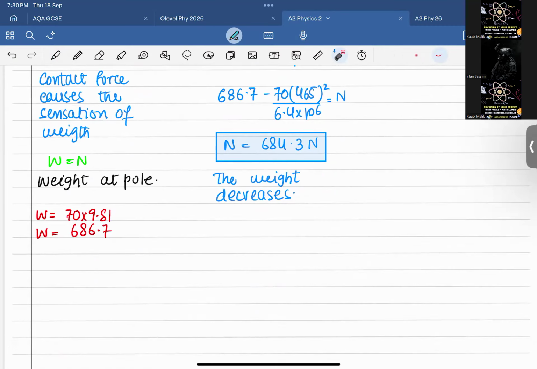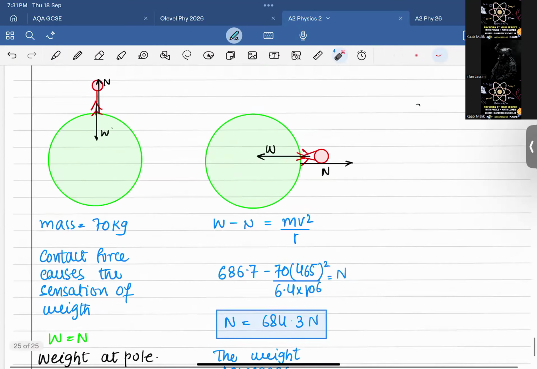So this is basically the weightlessness. If you move throughout the earth, due to the motion of the earth, your weight becomes lesser than what you are. Is that clear?